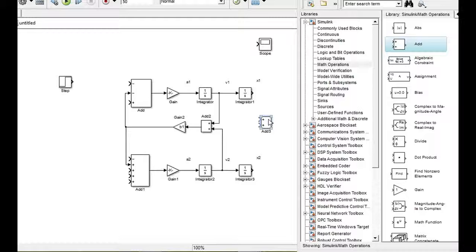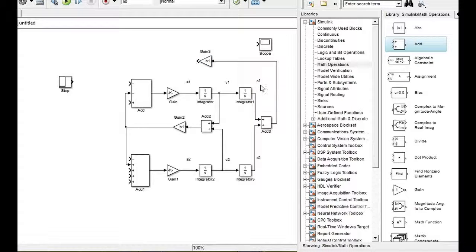So I'll use Control R to rotate, and x1 minus x2 into, I'll take this, you can just right click on your mouse and drag it, the particular block will be copied, and I connect it over there.